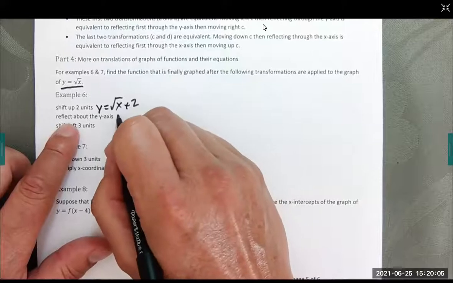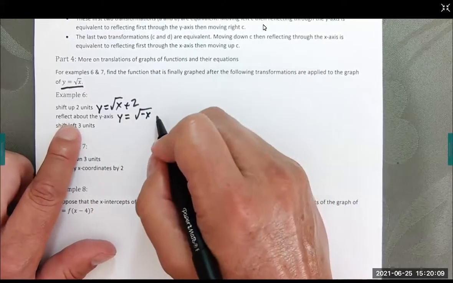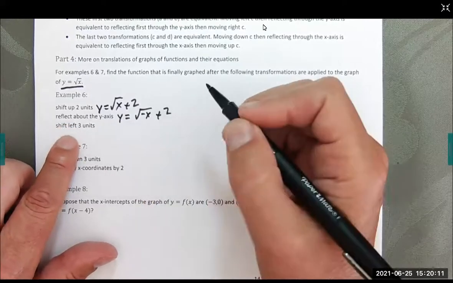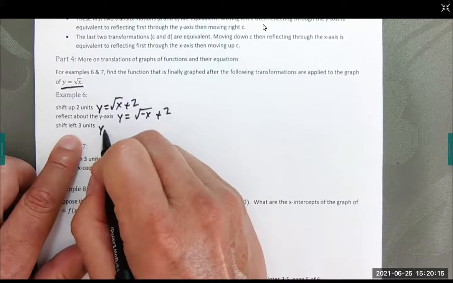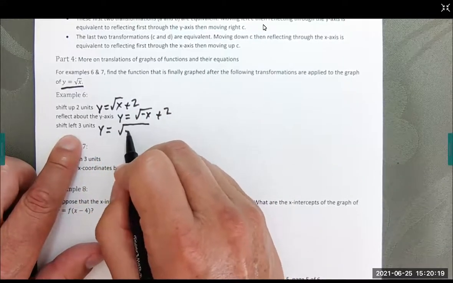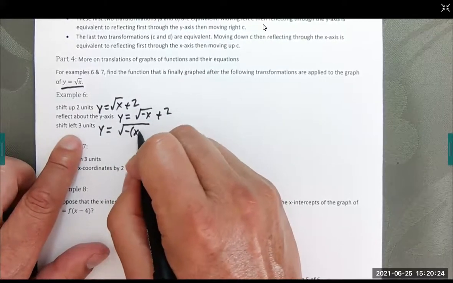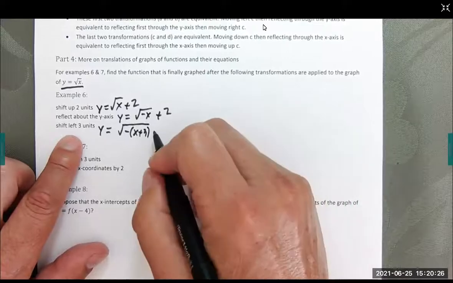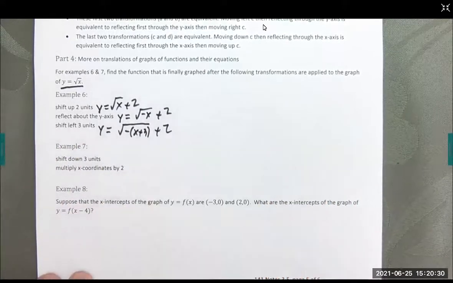So this is going to be y equals square root of negative x, plus 2. And shift to the left 3 units. So this is going to be y equals square root of negative parenthesis, because it's to the left, x plus 3, and then plus 2. So that's our final equation there.